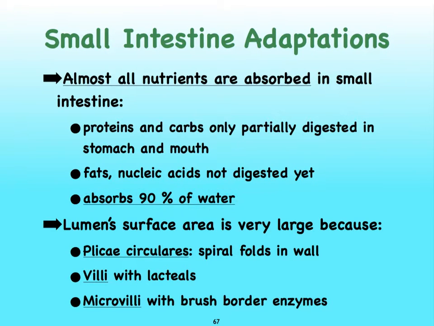So what about all the other nutrients? Well, by the time the food arrives in the duodenum, the stomach has only begun to digest the proteins. It has not really touched the carbohydrates. Our mouth, the saliva, has begun the process of digesting some of the complex carbohydrates.